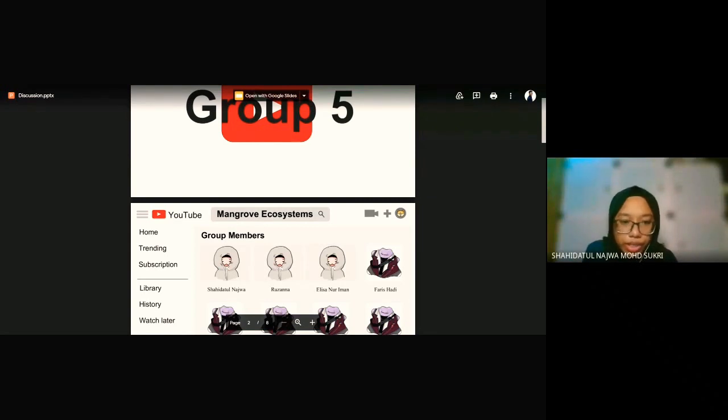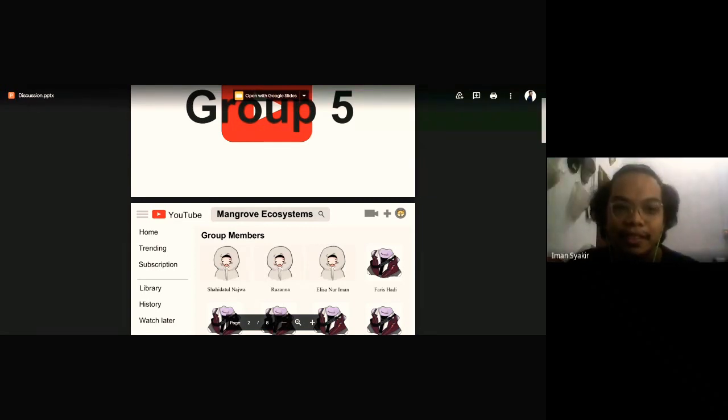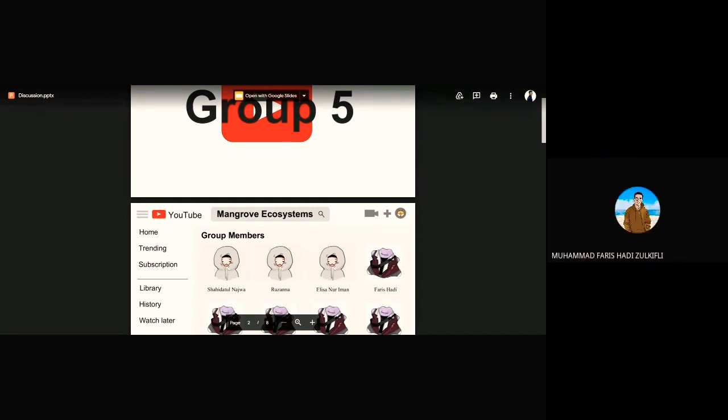Sure, Najwa. Of course. I would like to add on what Alif said before. Actually, the mangrove fauna can be divided into two. First is resident, and the second is non-resident.